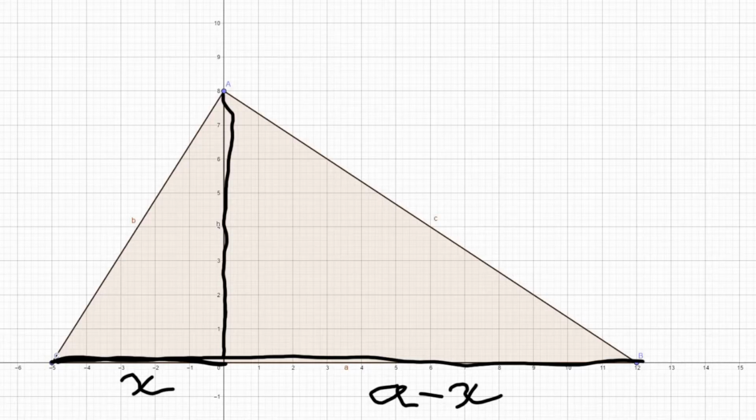So with that now, we can start creating our formulas for each triangle. If we start with the left triangle, we know that the Pythagorean theorem is a squared plus b squared equals c squared. So we know that our hypotenuse is b.